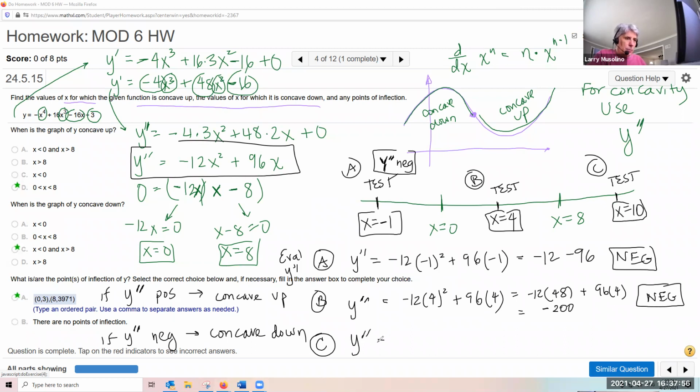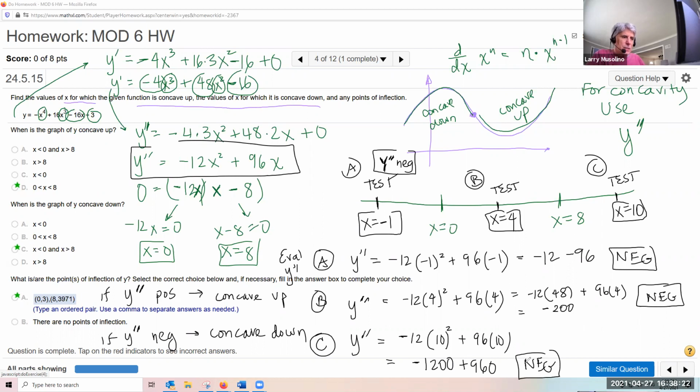So y double prime is -12 times 10 squared plus 96 times 10. This is going to be -120 plus 960. Excuse me, -1,200 plus 960. So this is going to be definitely negative.